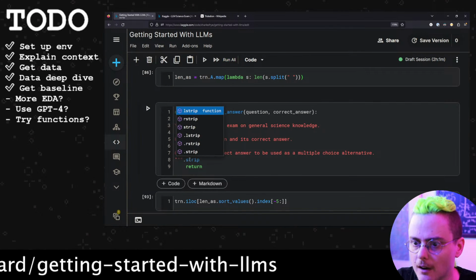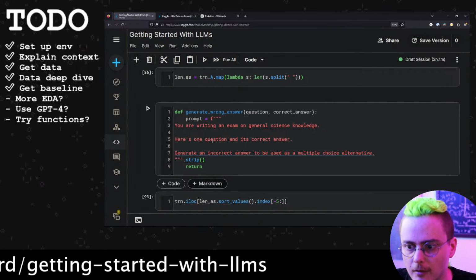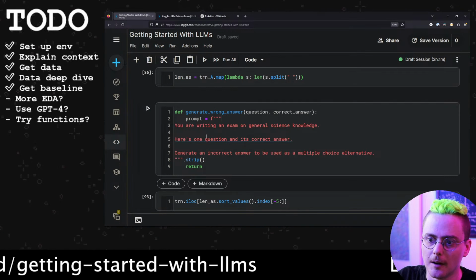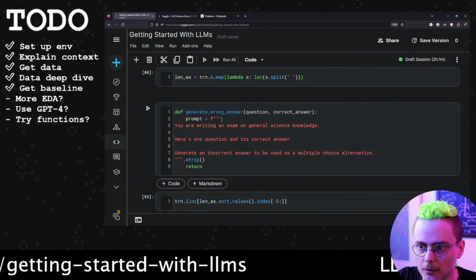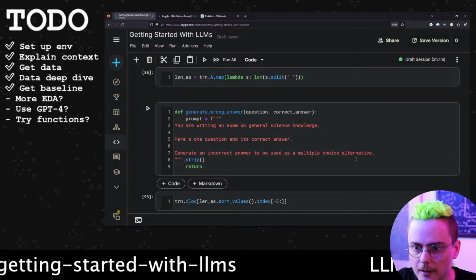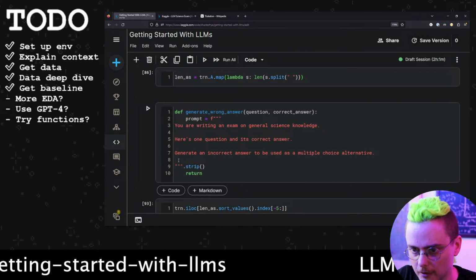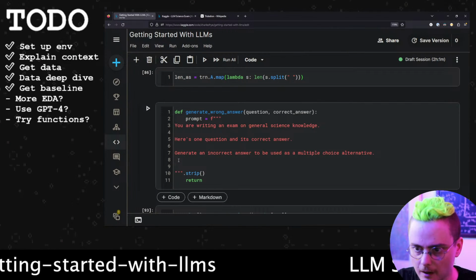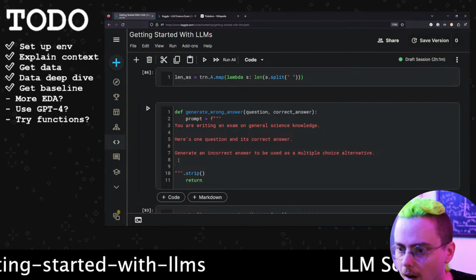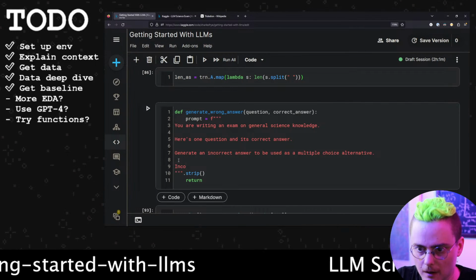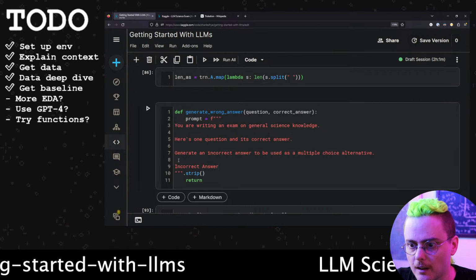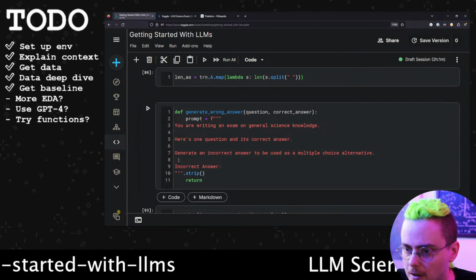And then I'm just going to borrow a trick from the folks at Elicit. So I put a little space at the beginning there. This will remove that. I can also put spaces at the end and I'll remove that. So let's do incorrect answer, colon.